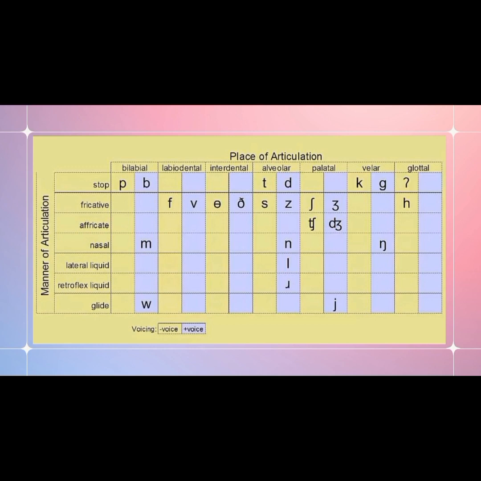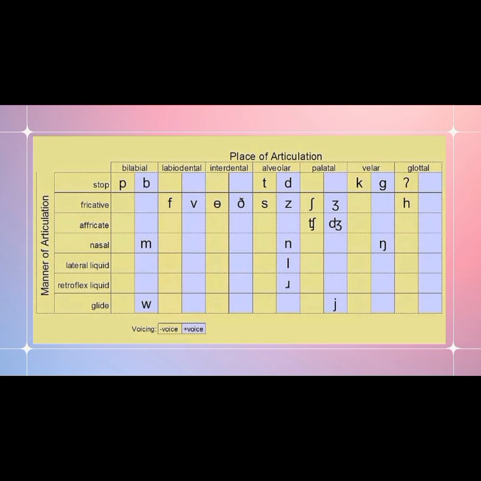The place of articulation for consonants is the spot at which we constrict the vocal tract in some way. From left to right in this chart, I go from the lips back to the vocal folds, where the vibrations of voicing are produced.